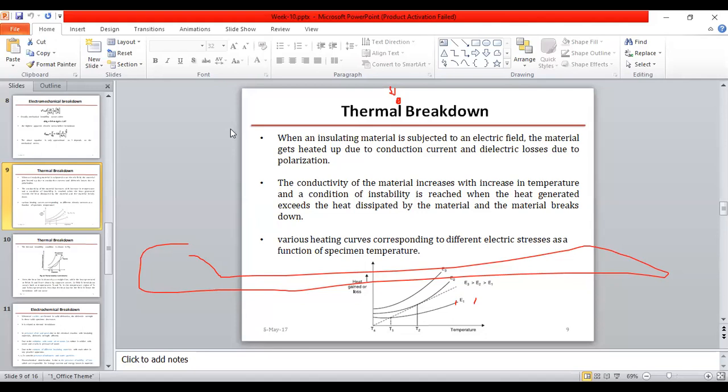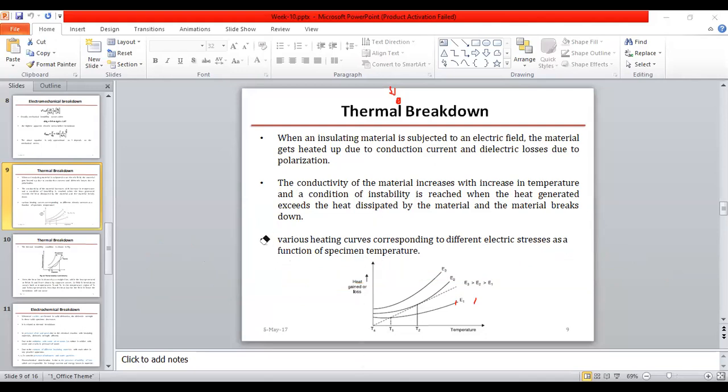So partial discharge is more or less the same as the tree effect. That was all about the breakdown theories of solid dielectrics.